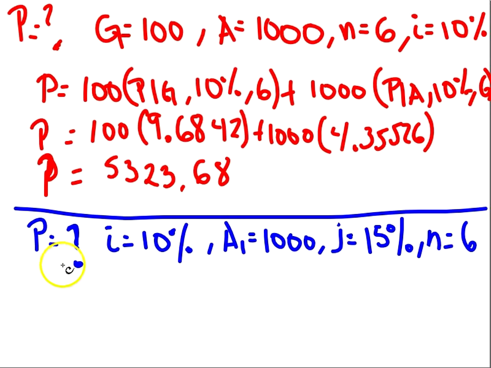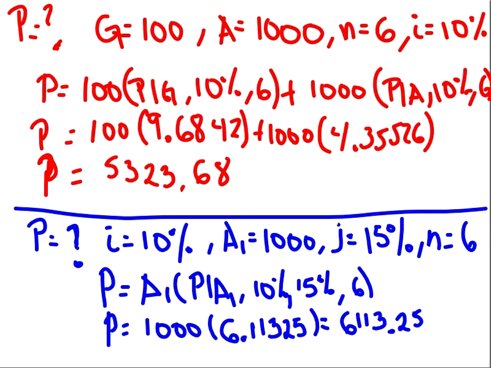We are interested in finding the present worth. The solution can be found by selecting P equals A1 times P given A1 for 10% as the interest rate, 15% the increment rate, and 6 periods. When we plug in these numbers into the formula, we obtain 6.11325, which we multiply times the first annuity 1,000, and the present value of this series is $6,113.25.